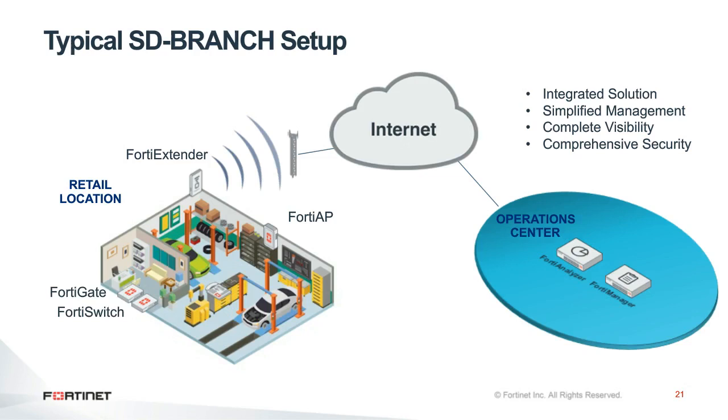Of course, the main component will be the FortiGate consolidating the WAN link, and then if you find that you need to increase the number of wired connectivities or wireless connectivities or even WAN connectivities, you will be able to use some of the components that we can put together to form your SD branch setup. All right. Next slide, Kelly.